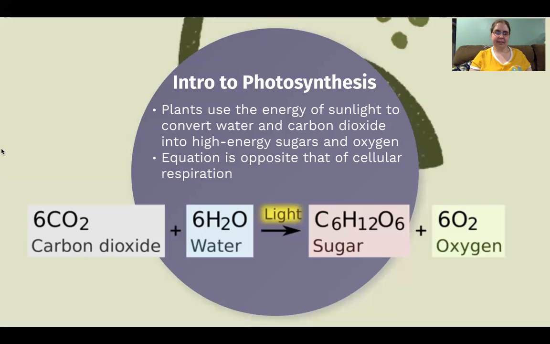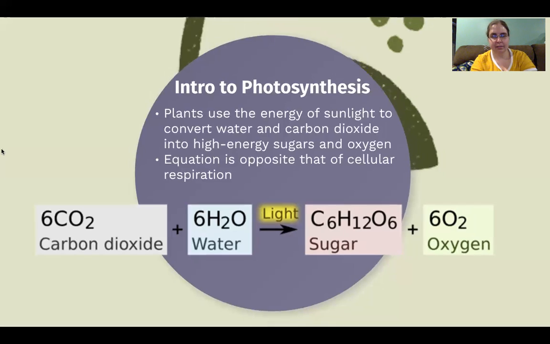So what this is saying is, for every 6 carbon dioxide molecules and 6 water molecules that a plant takes in, it can make 1 glucose and 6 oxygen gas molecules out of it.